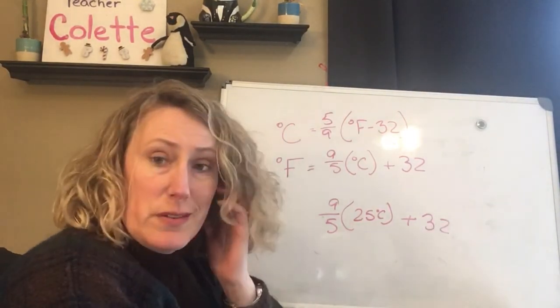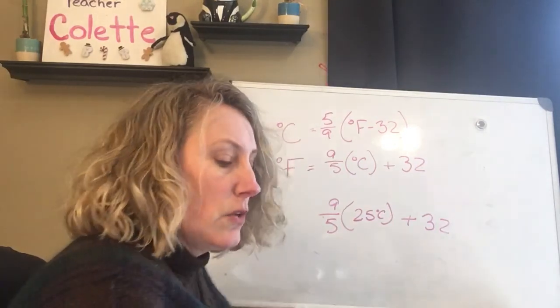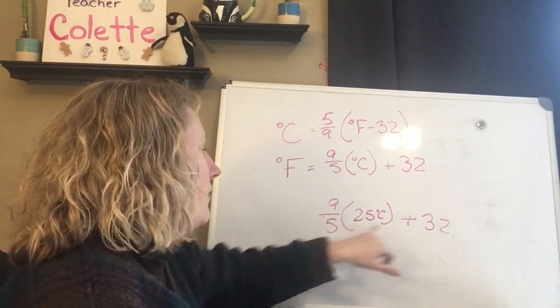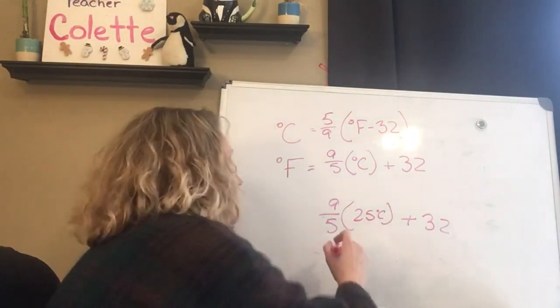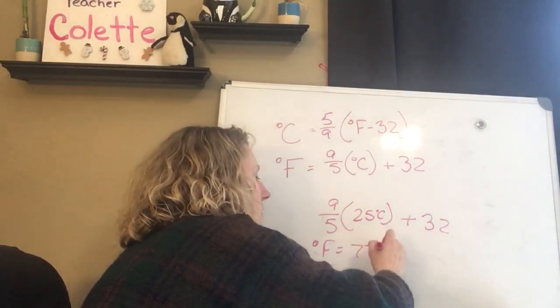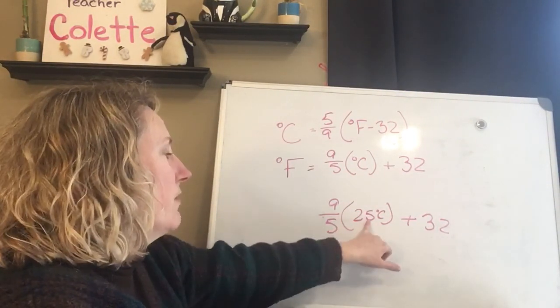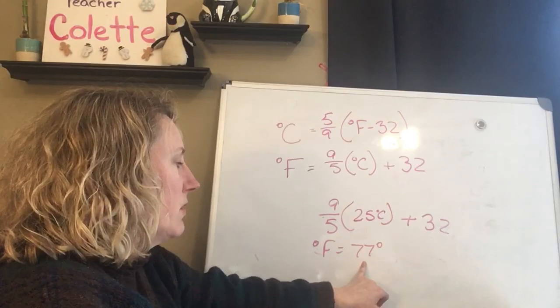Make sure you do these in your calculator so that you get the order of operations correctly. So if you multiply by 9 first, divide by 5, and then add 32, your degrees Fahrenheit is going to be 77 degrees. So 25 degrees Celsius is about 77 degrees.